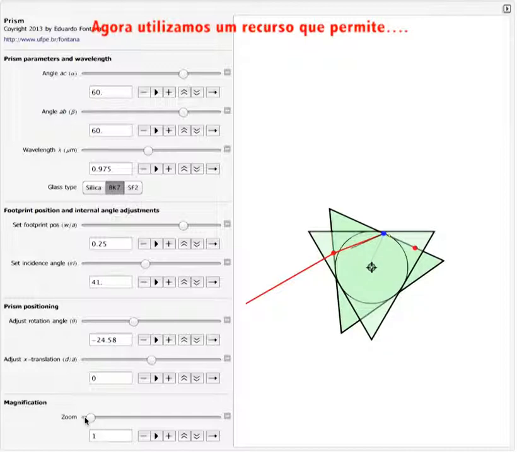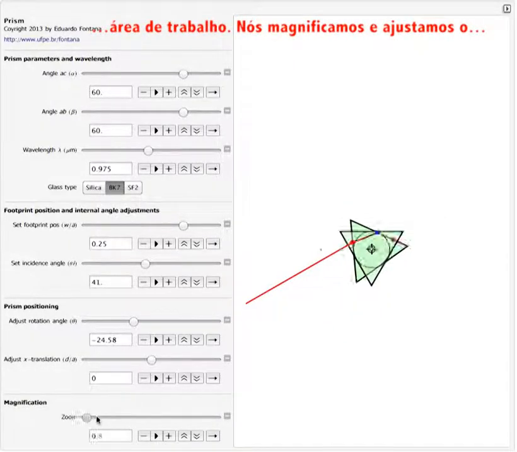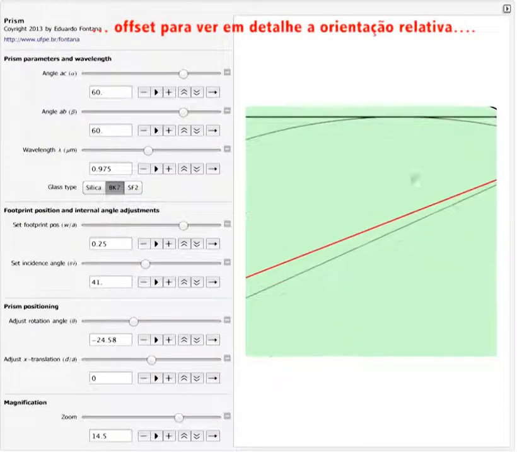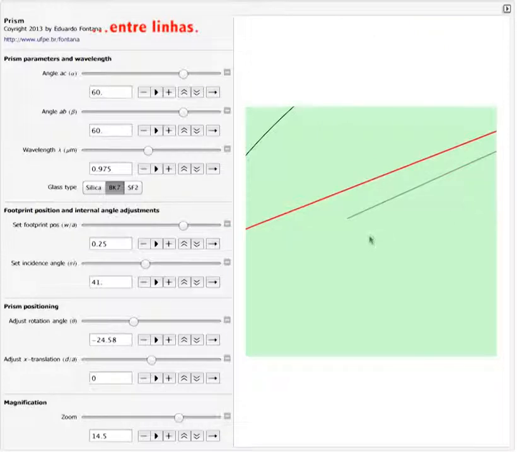Now comes a resource that allows very fine adjustment of the external angle, the magnification slider and offset of the workspace. We magnify and offset to see in detail the relative orientation between lines.